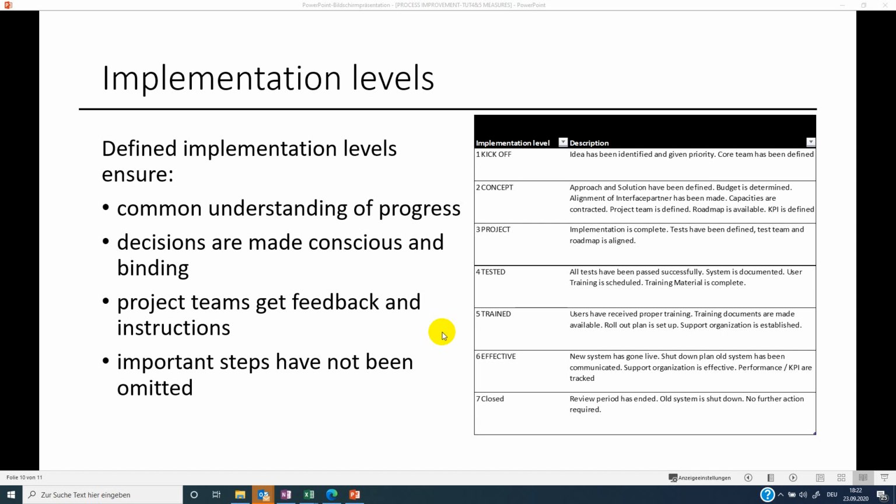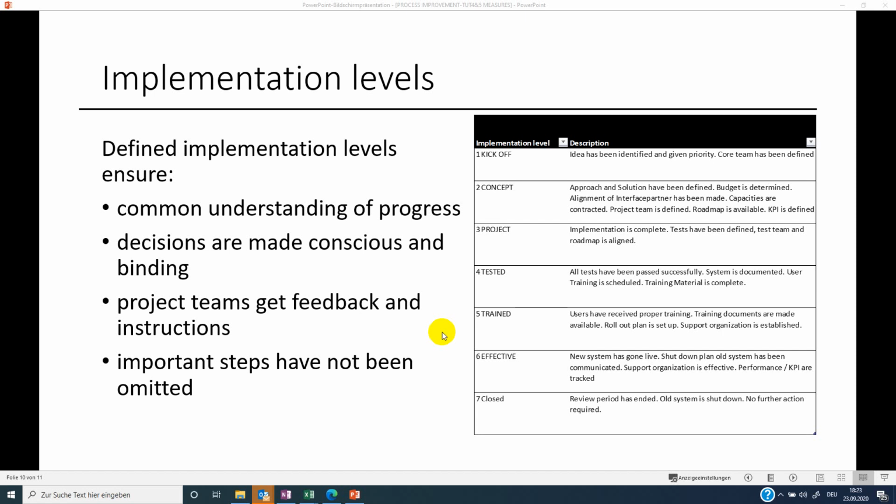Well, first of all, we need a common understanding of the progress we make in a project, because otherwise it is absolutely random when we ask, well, how are you advancing? And the project leader says, well, I'm on track, I'm fine, I'm almost through. Almost through is a very relative description. Whereas when you have different stages that define a milestone, you can really say this is where we are, and this is where we progress within the measure implementation.